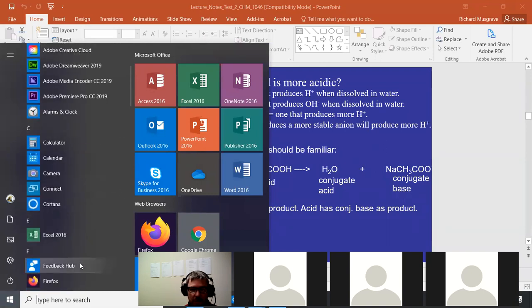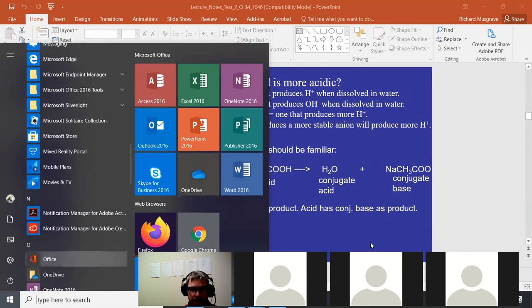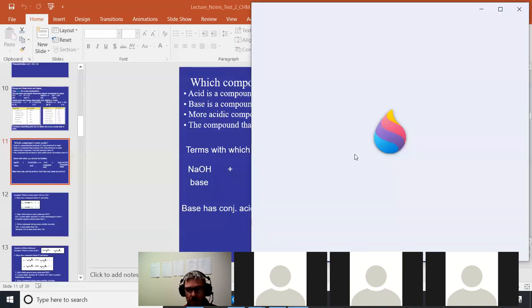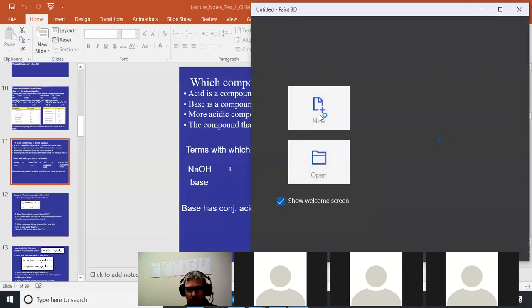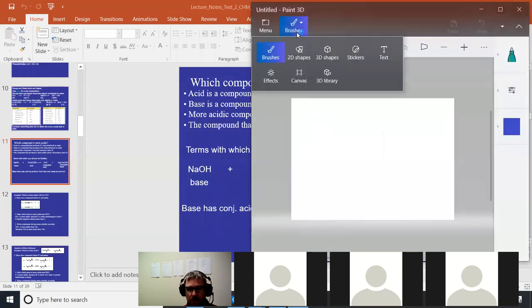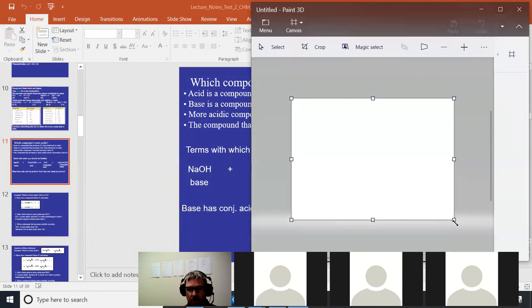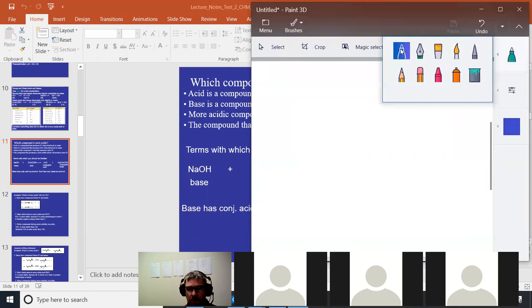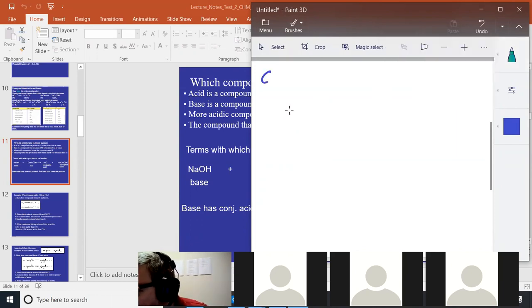let's get our drawing program going. And what we're going to be looking at here are these two definitions that I put down for a conjugate acid and a conjugate base.